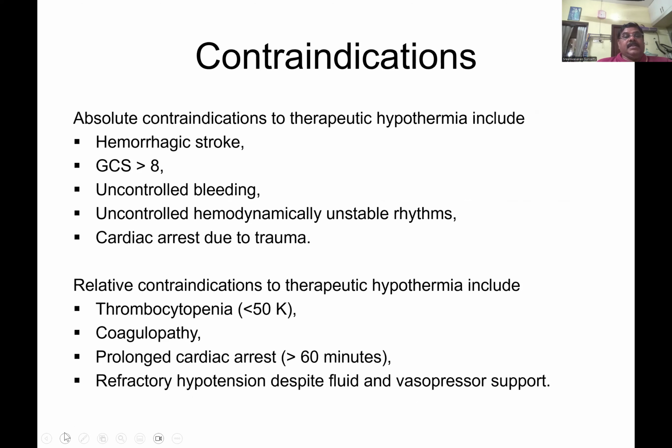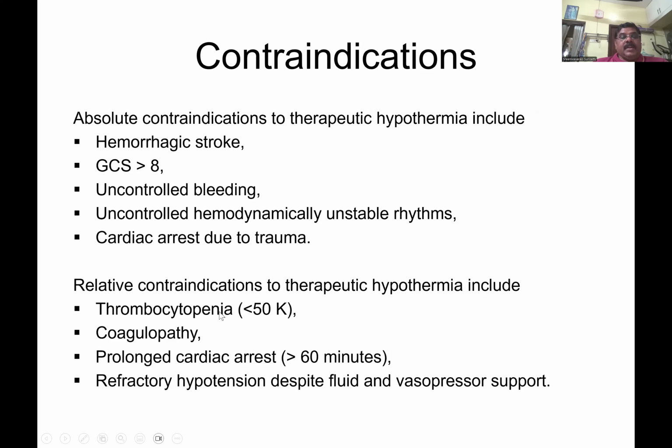What are the contraindications? Absolute contraindications of therapeutic hypothermia include hemorrhagic stroke, GCS more than 8, uncontrollable bleeding, uncontrolled hemodynamically unstable rhythms, and cardiac arrest due to trauma. These are all the absolute contraindications of therapeutic hypothermia, TTM.